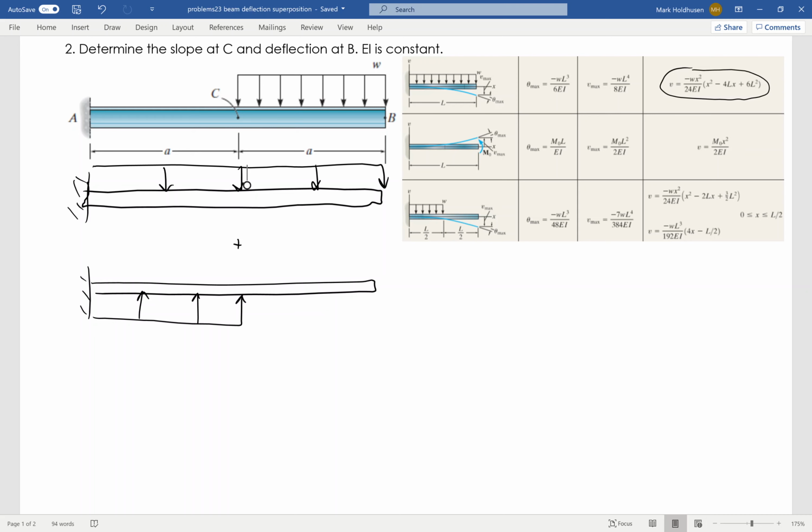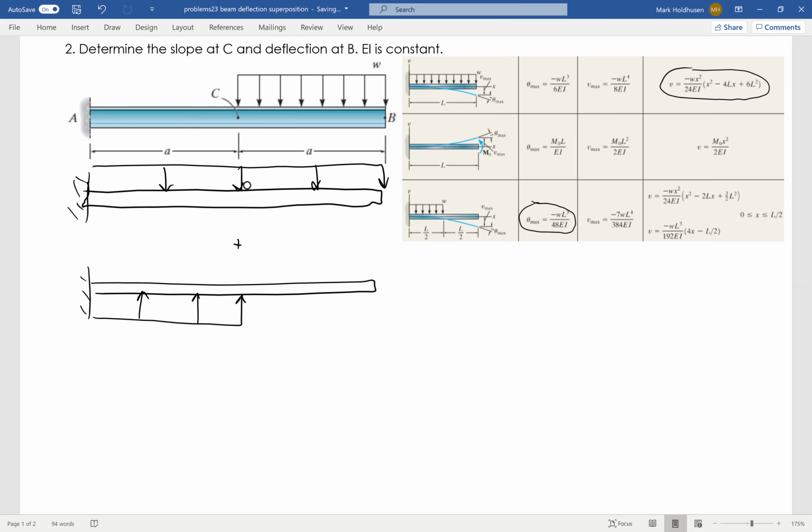For the second one, all I need to do is use this one, because after that midpoint, the slope is exactly the same. Once it hits that midpoint with no load there, it just keeps going at that. So the maximum slope is the slope at the midpoint. It's the same slope from L over 2 all the way to the end, or from A up to 2A with that slope. It just continues on that slope.